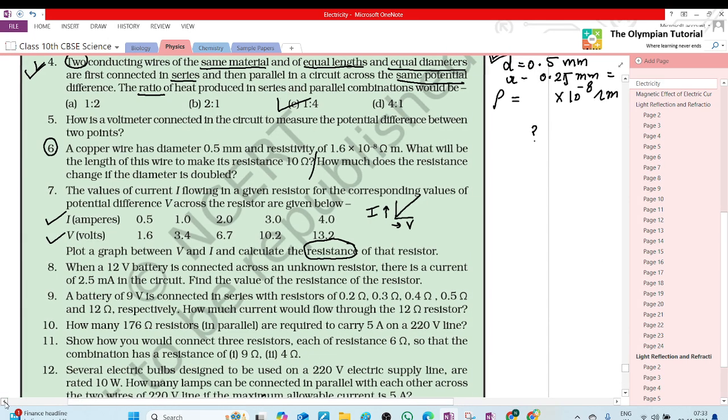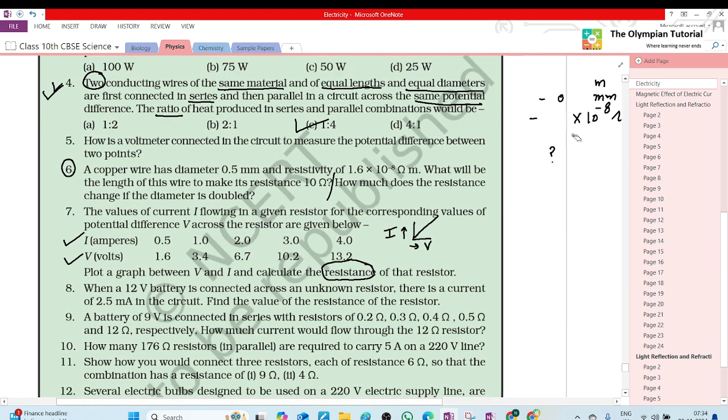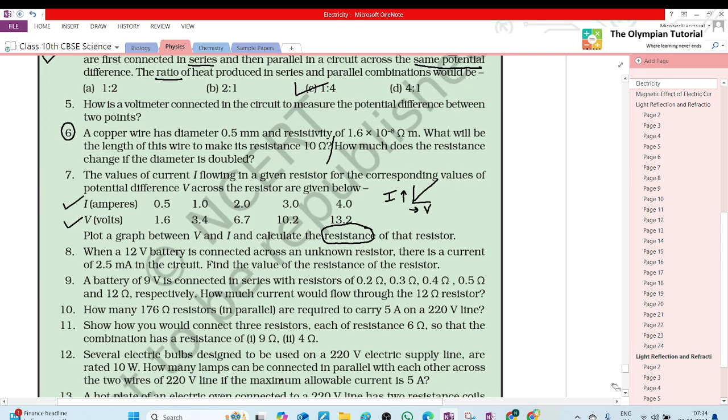Sure. So what we will do here, values are given. Before plotting the graph, I want to confirm from you, on the x-axis which physical quantity should I take, potential difference or current?